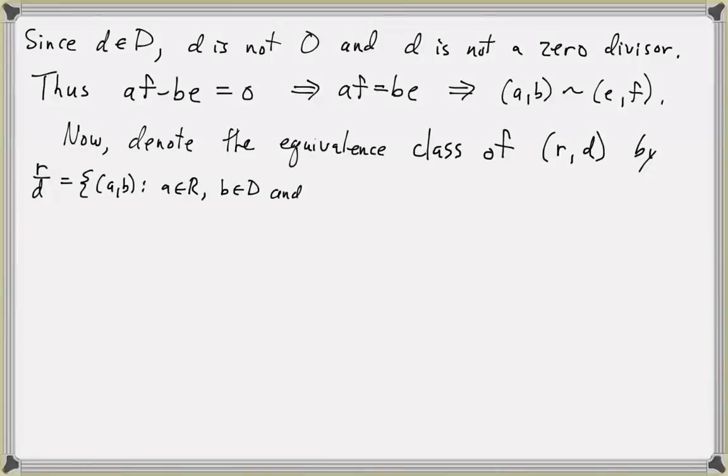That means that RB equals AD. And we're going to let capital Q be the set of all equivalence classes under the operation tilde.